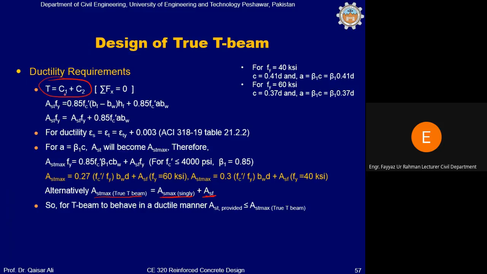T will be equal to C1 plus C2. C1 is this one, C2 is 0.85 c prime a bw.